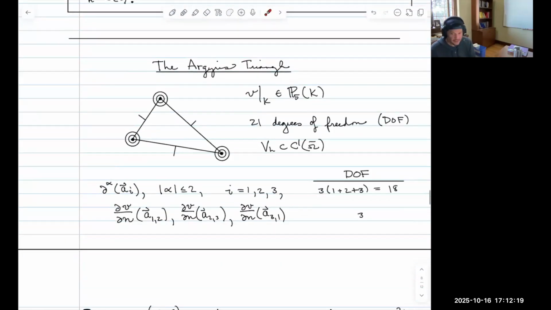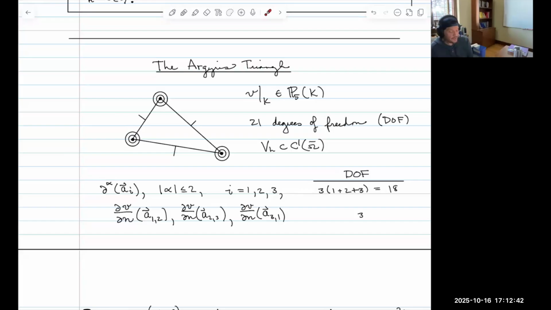And the technique I'm going to show you is the technique using what's called the Argyris triangle. So for an Argyris triangle, what we're looking at is a piecewise polynomial space where on each triangle, the polynomials are of degree 5.